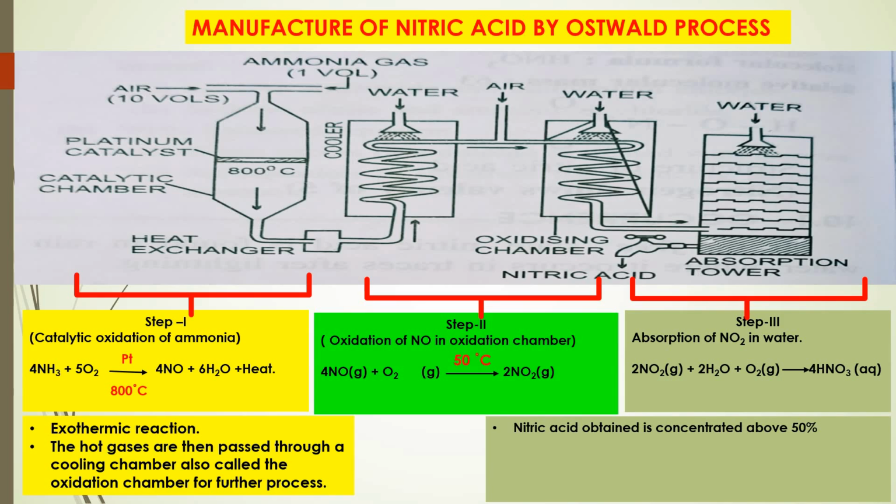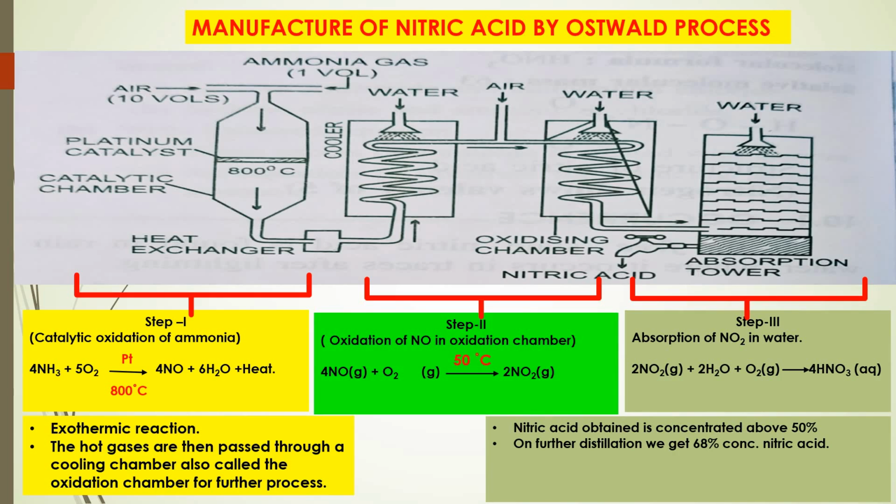Now after the completion of the third step, we get nitric acid, which we desired to produce. Now this nitric acid obtained is about 50% concentrated, which can be further concentrated by distillation up to 68%.